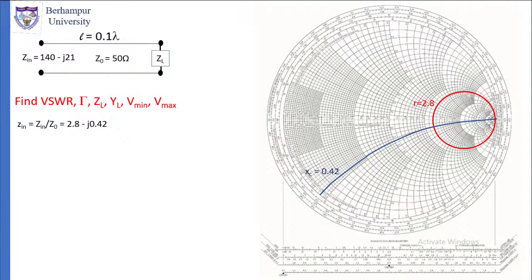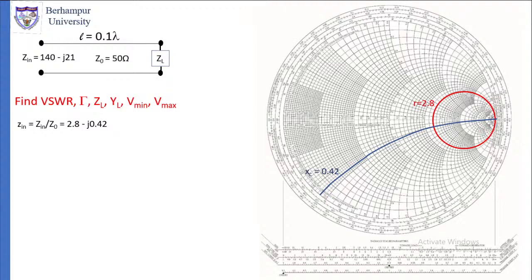Find the blue arc that you can see. At the end of the blue arc, the number is 0.42. So locate that number, 0.42, then locate the arc that is passing through, or touching, that number. That is the blue arc.